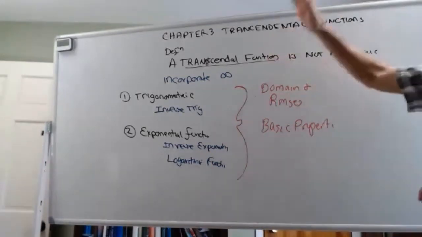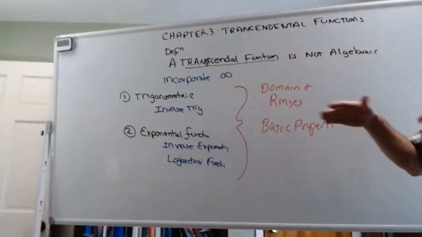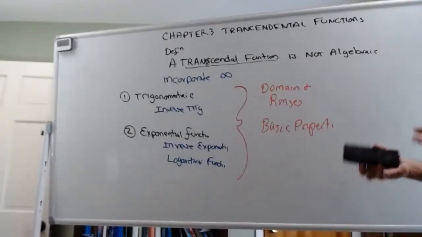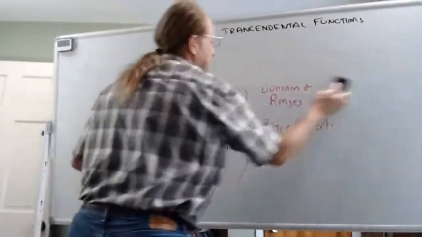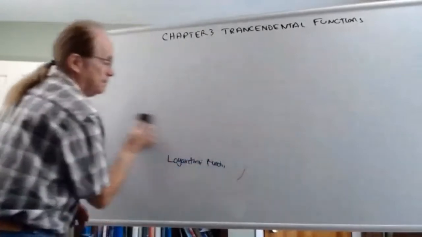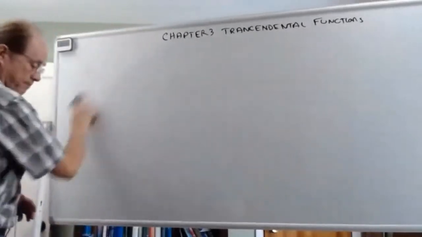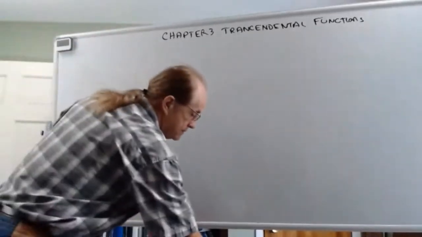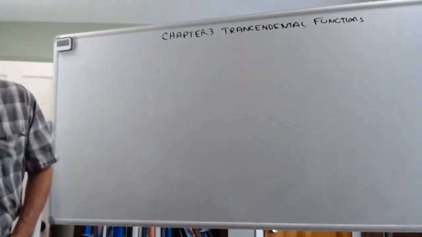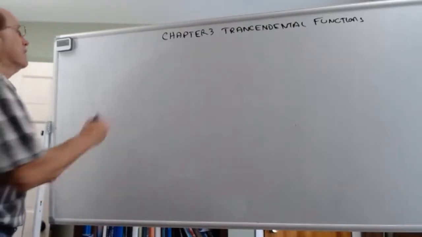So let's start with our first type of functions, transcendental functions I should say, called trig functions. But before we jump into that, we're going to need to develop some basic new tools and concepts. So this is essentially section 3.1 and basic trig functions.